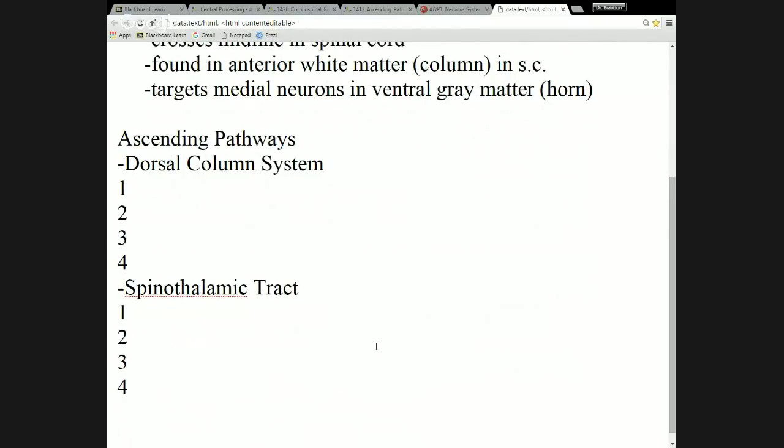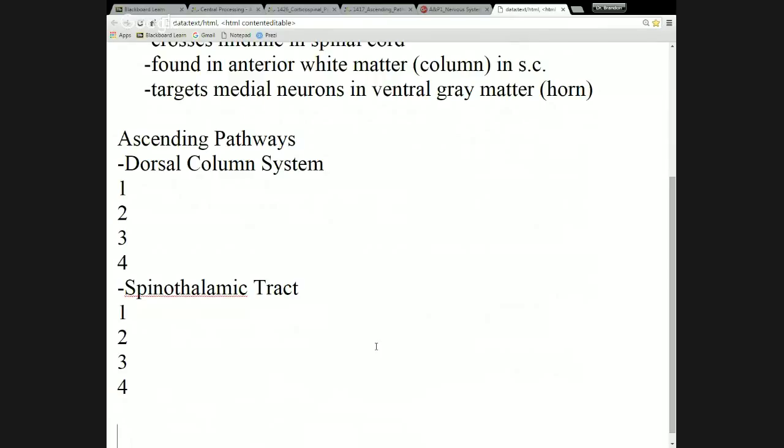Other sources might use slightly different names for these. I'm kind of reducing it down, simplifying it just to get at the basic ideas here. But I am actually leaving out quite a bit of information. There's a lot of ascending paths. There's a lot of descending paths for that matter. And we're just focusing on the main ones here.